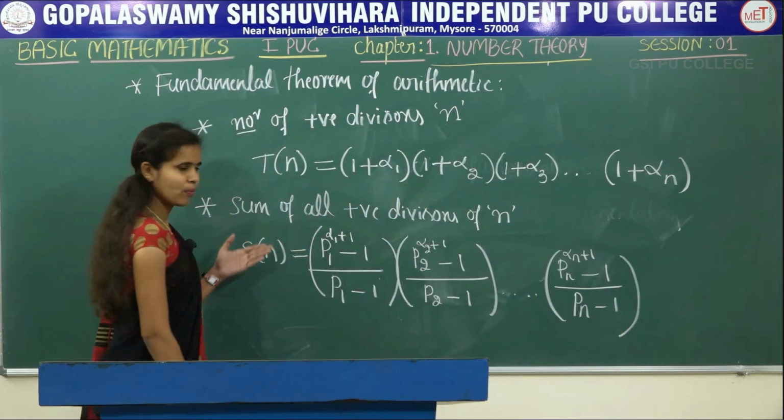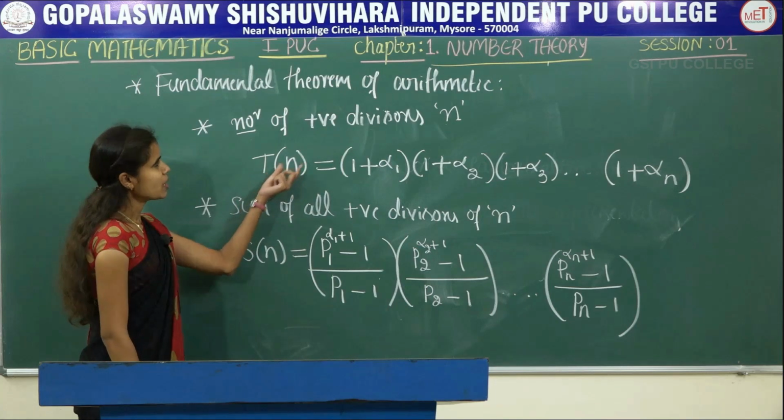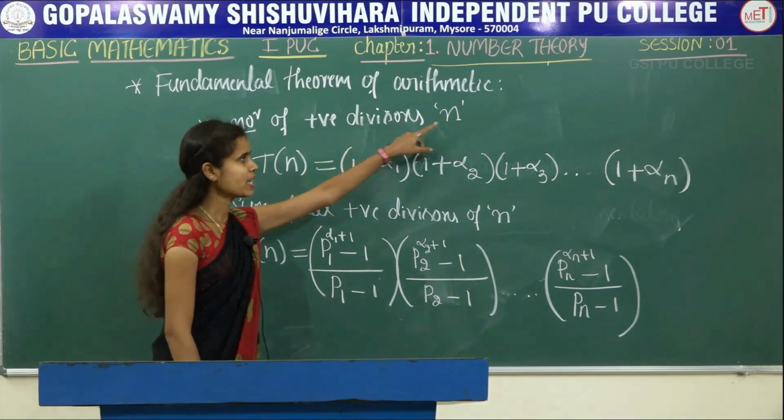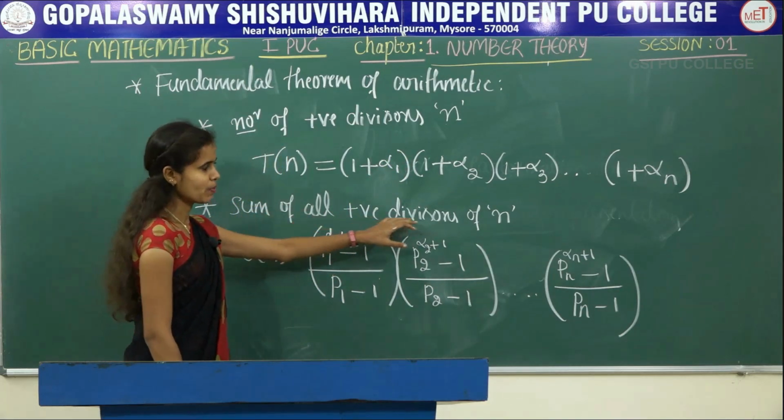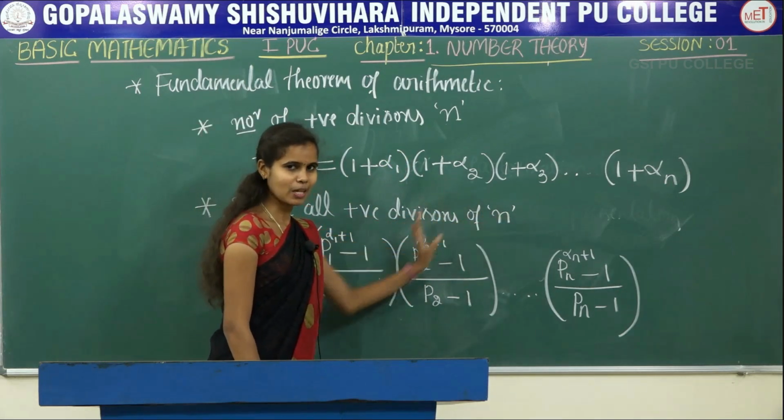These are the formulas to calculate the number of positive divisors and the sum of all positive divisors of a given composite number.